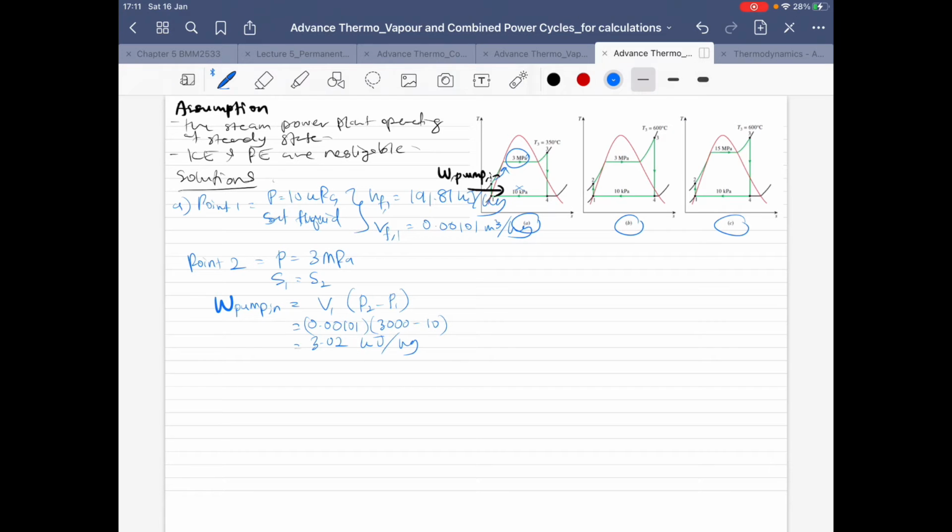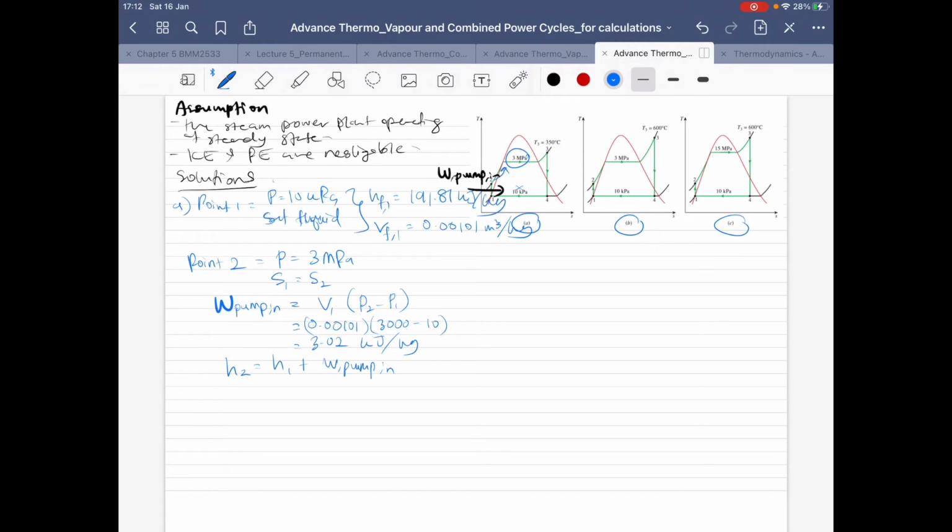Okay? I mentioned why we have to use this method to get the value for the h at point 2. Please watch the previous video. So h2 becomes h1, the enthalpy at point 1, plus the work of the pump.